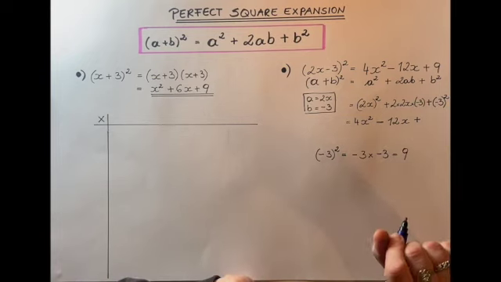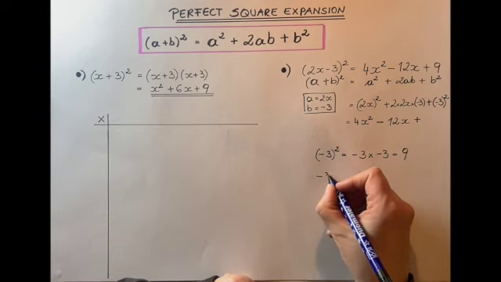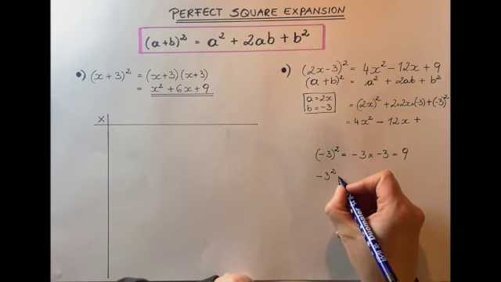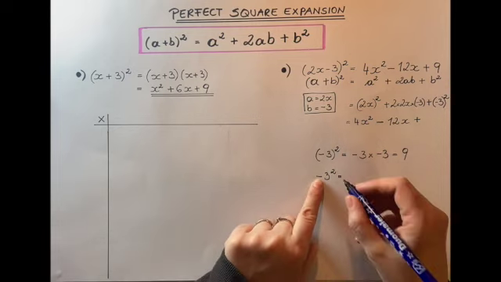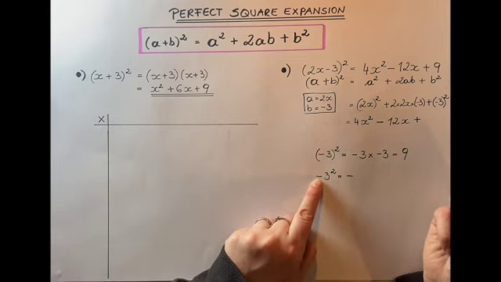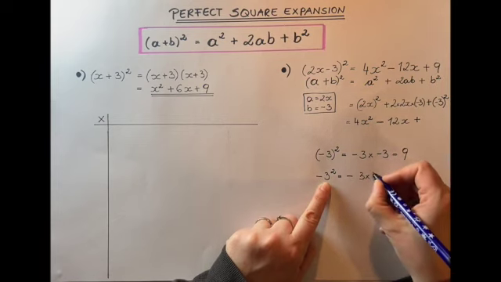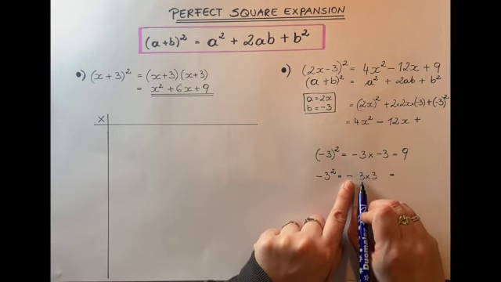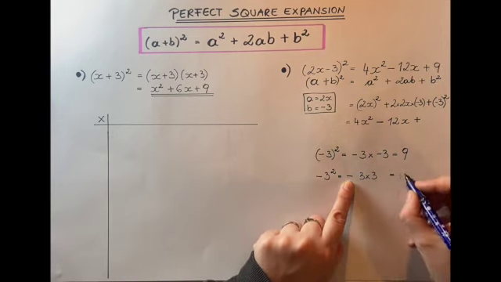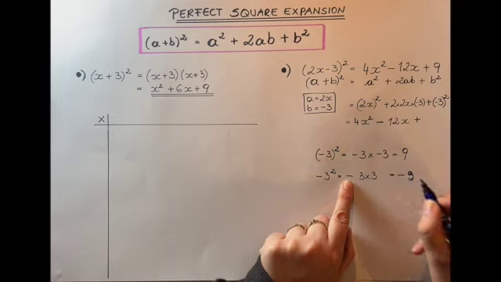If you put in your calculator the same thing without the bracket, the calculator will calculate 3 times 3, which is 9, and you still have that negative in front.